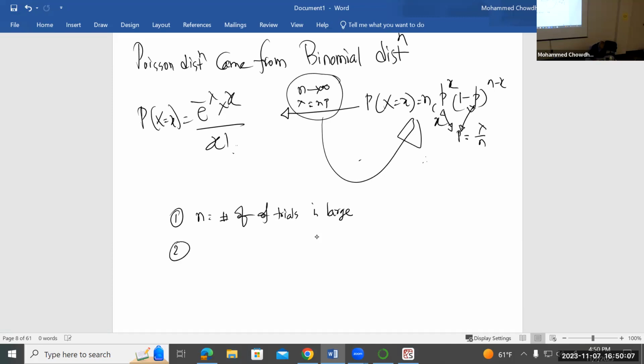And number two: p, the probability of success, is very small. Why? See, lambda equal to np is taken, then p equals lambda over n. If n goes to infinity, that goes to 0. That's the rationale.